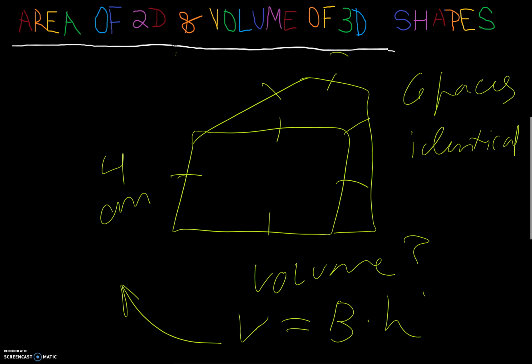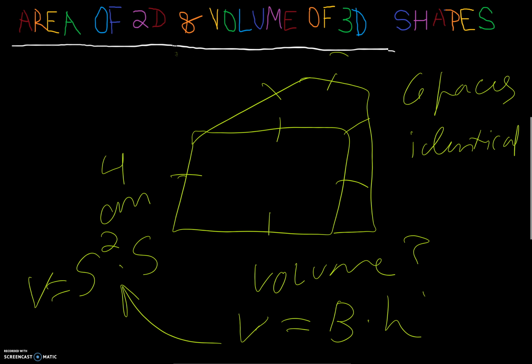And in this case, our base is a square. Any of these squares will be the exact same. So that's going to be side length squared. But we need our height, and like we just said, all of the side lengths are equal to each other. So we know it's going to be 4, or it's going to be equal to this s right here.